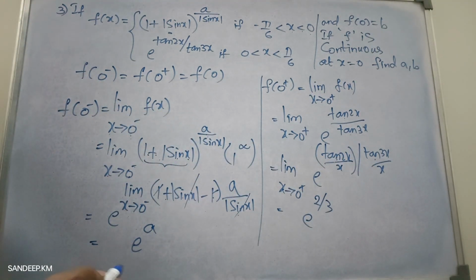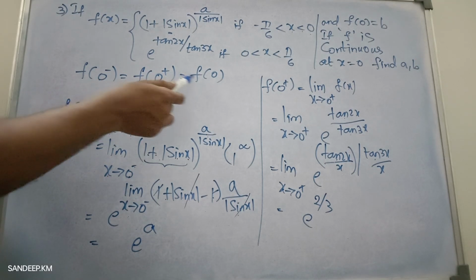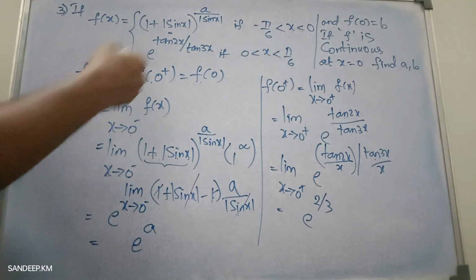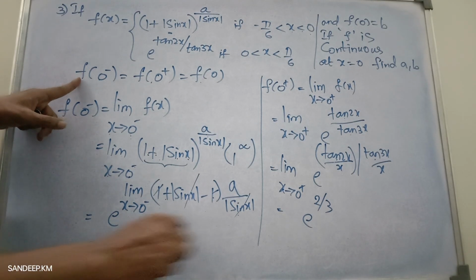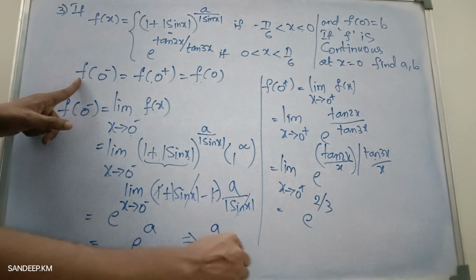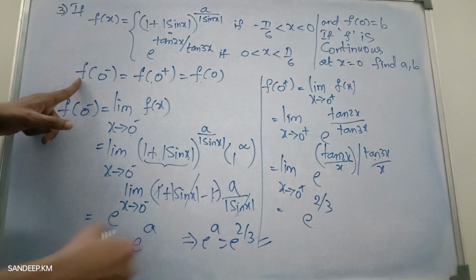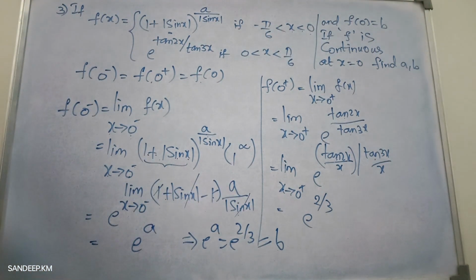Next, dear students, since the left hand limit is equal to right hand limit, which is equal to value of the function, if you use it, you will get the values of a comma b. So what is left hand limit? E power a. It is equal to right hand limit e power 2 by 3. It is equal to the value of the function f of 0, which is b.